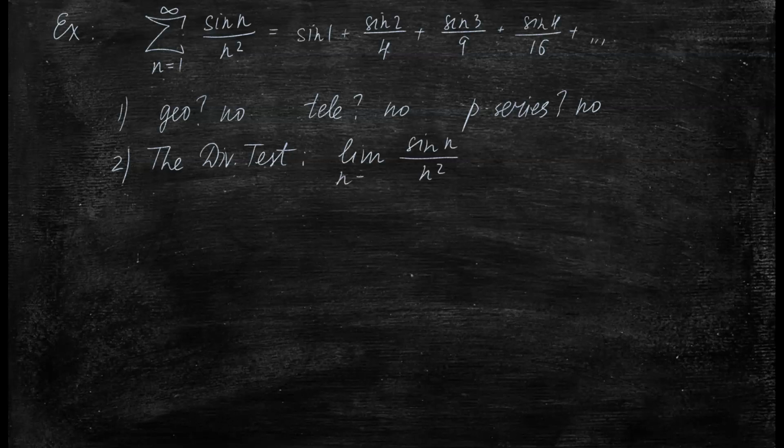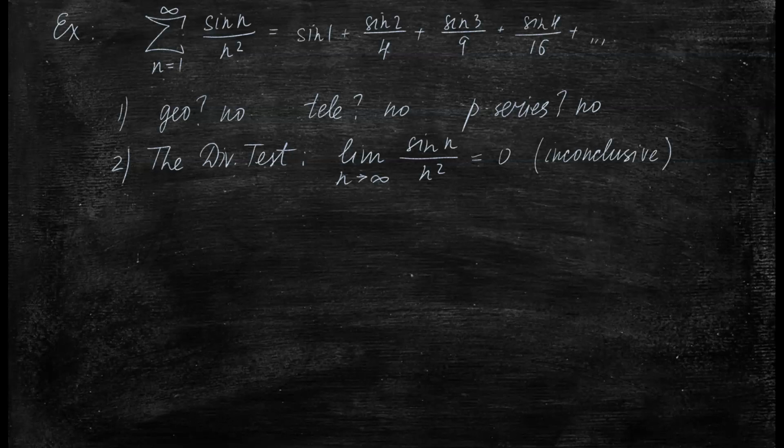But this limit is actually equal to 0, because we can use the squeeze theorem to show that the limit is equal to 0. So that means the divergence test is inconclusive.